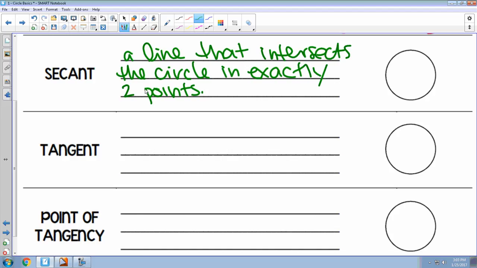The only difference between a secant and a chord is that my secant is a line, so it does not end on the circle. There are 2 points where it intersects the circle, but your secants keep going forever in both directions. So the only difference between a secant and a chord is that a secant is a line and it keeps going forever. But it still intersects your circle in exactly 2 spots, just like your chords do.